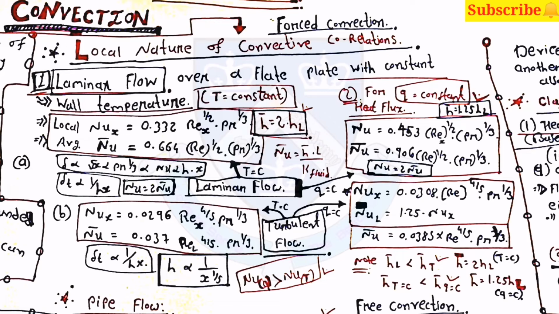Then the local nature of convective correlations. First one is for laminar flow, or you can say the flow over a flat plate with constant wall temperature.